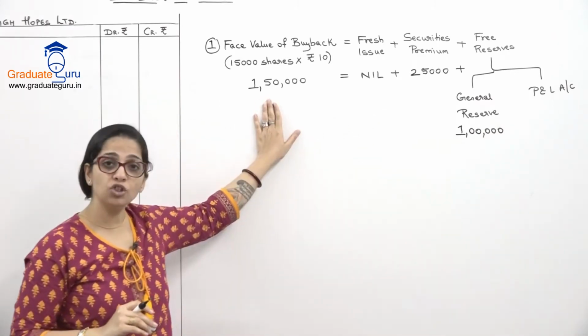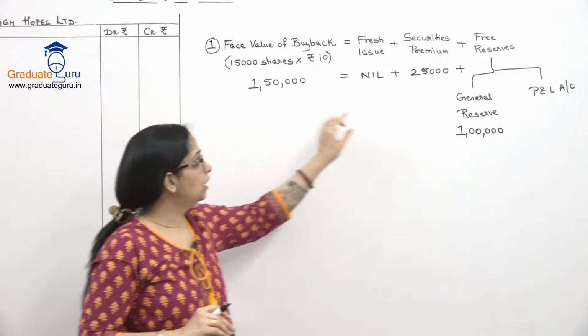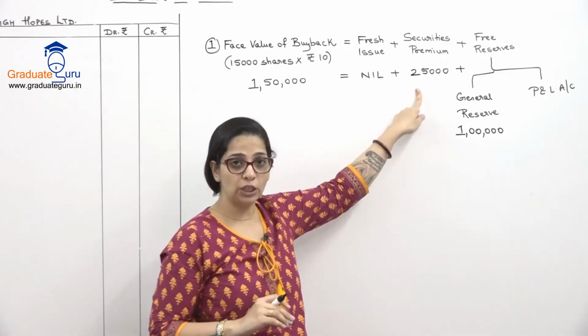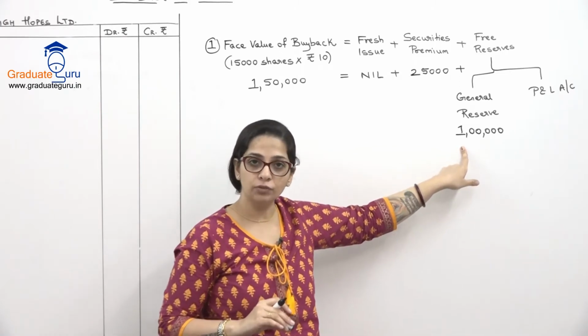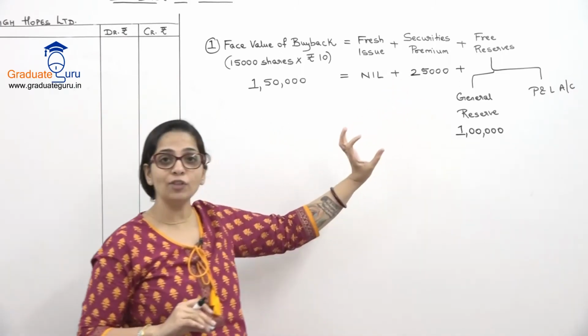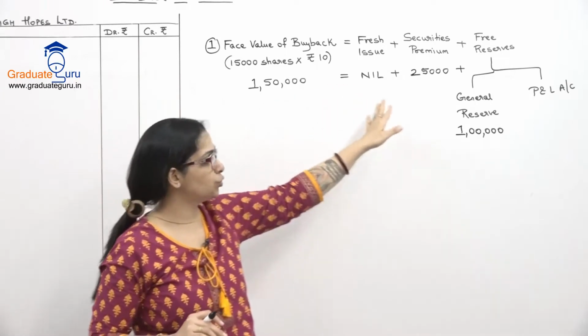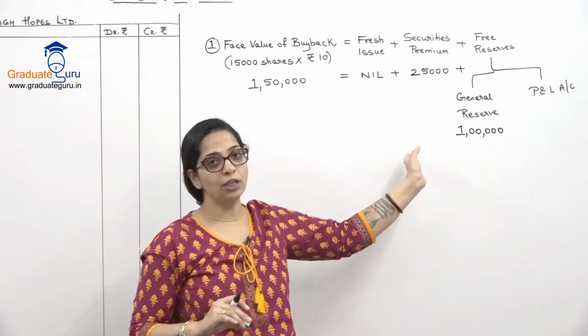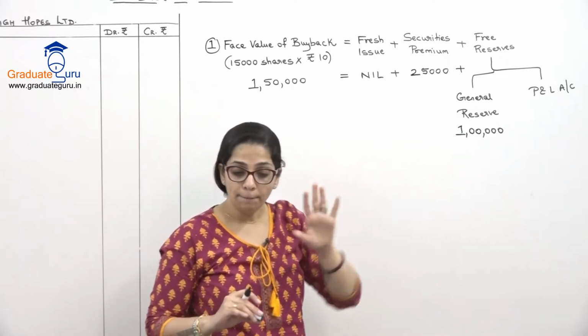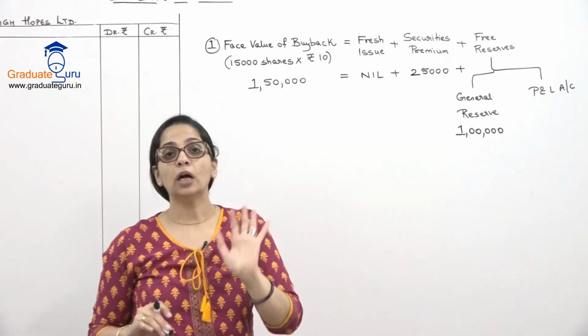Now how much amount do I need? 1,50,000. 25,000 I have got from securities premium, 1 lakh from general reserve. So the remaining 25,000, that is 150 minus 25 minus 1 lakh, I will use from my P&L. What is the P&L balance? 30,000.